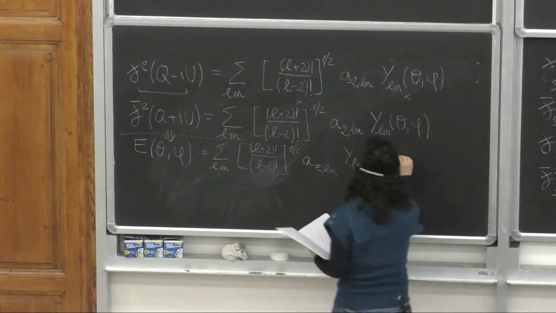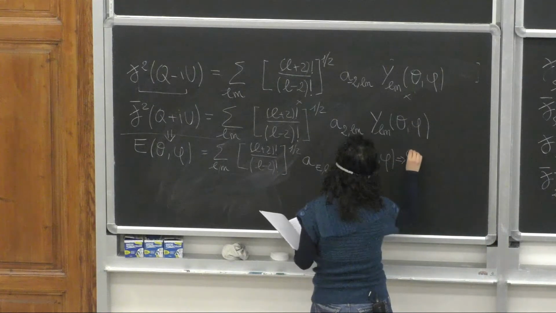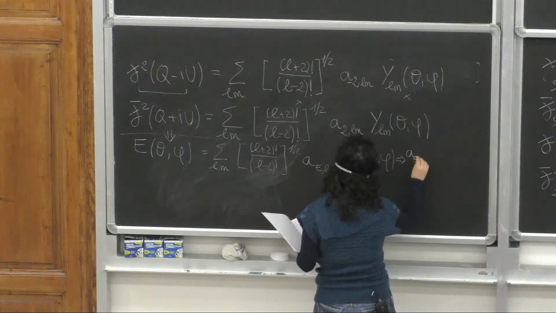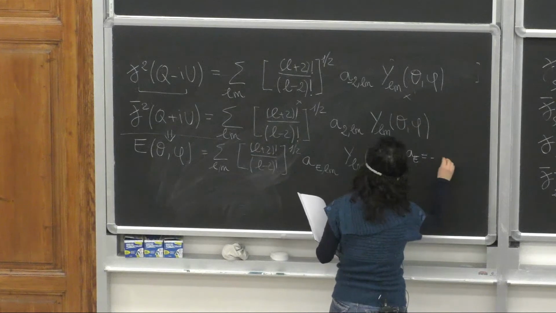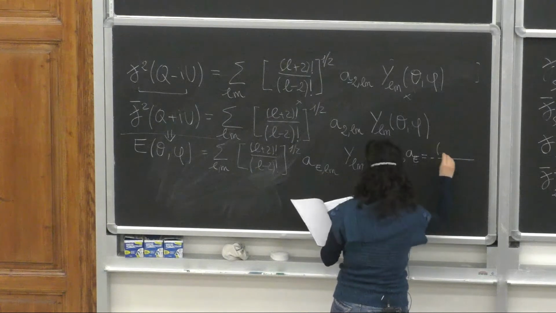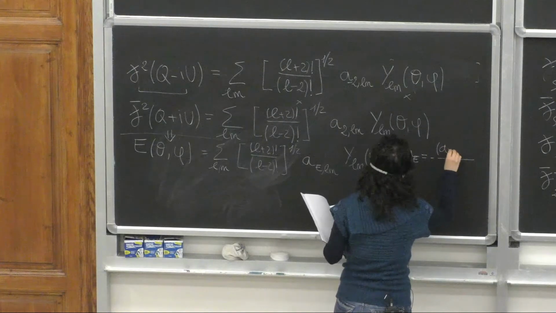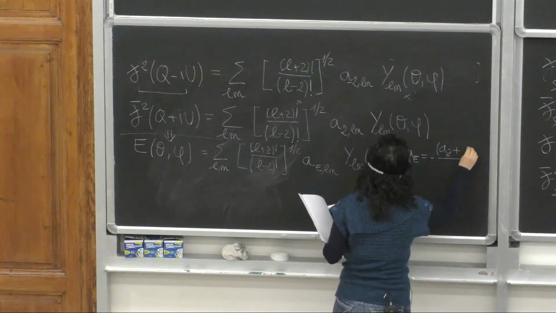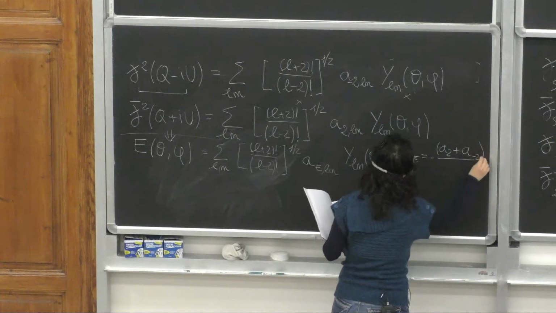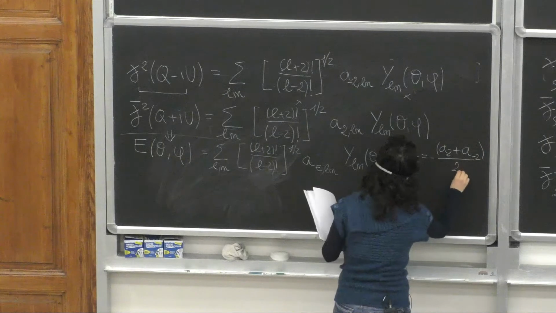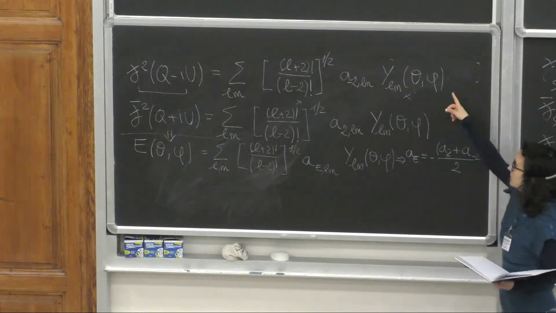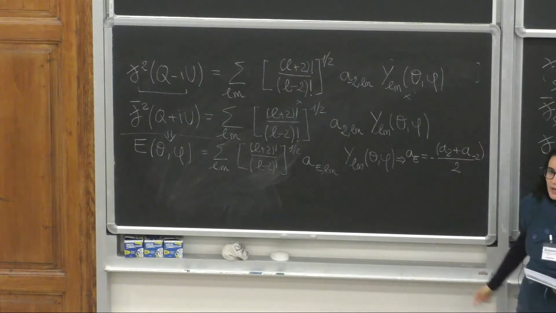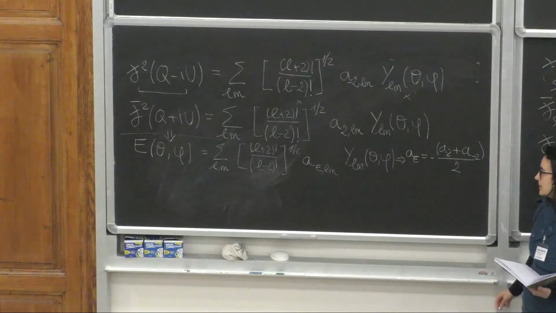And this expansion coefficient A_E, let me define it as minus the sum of the two expansion coefficients that we used for expanding the two scalars Q minus iU and Q plus iU.